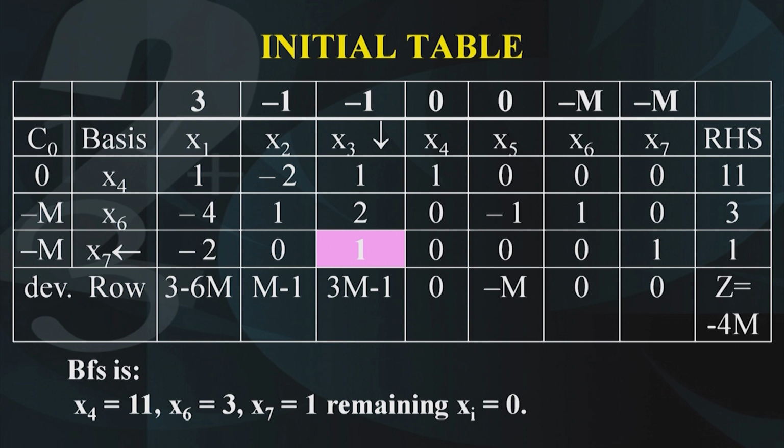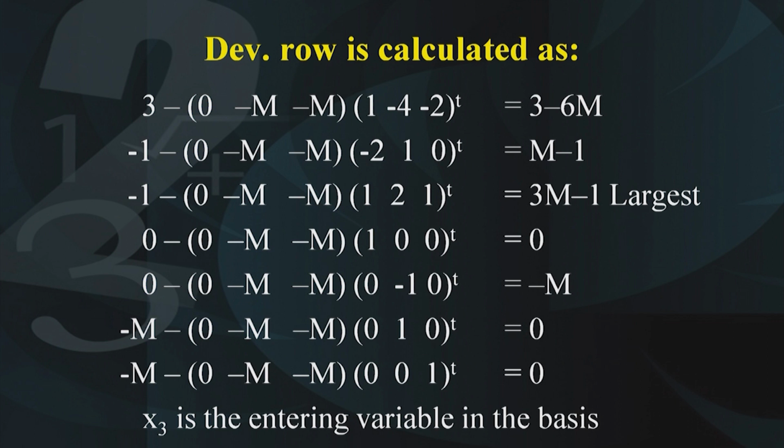We find that 3M minus 1 is the largest entry in the deviation row. So, the variable corresponding to 3M minus 1, that is x3, should be the entering variable. So, here is our decision: x3 should enter the basis.